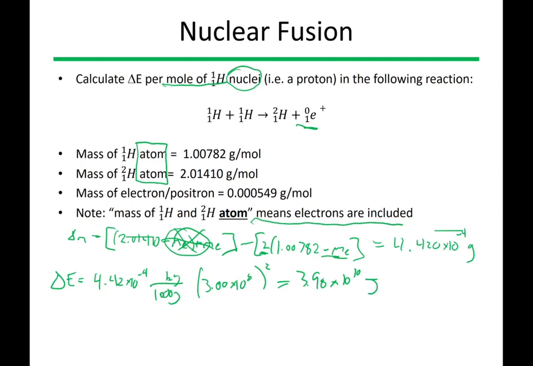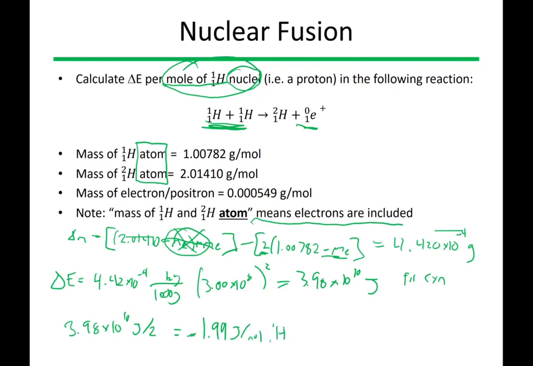Now this is per reaction, so this is for the reaction. We have to be careful, this question said per mole of protons. So this reaction uses 2 protons, so if we wanted per one individual proton, we'd divide this by 2 to get about 1.99 joules per mole of protons released in this reaction.